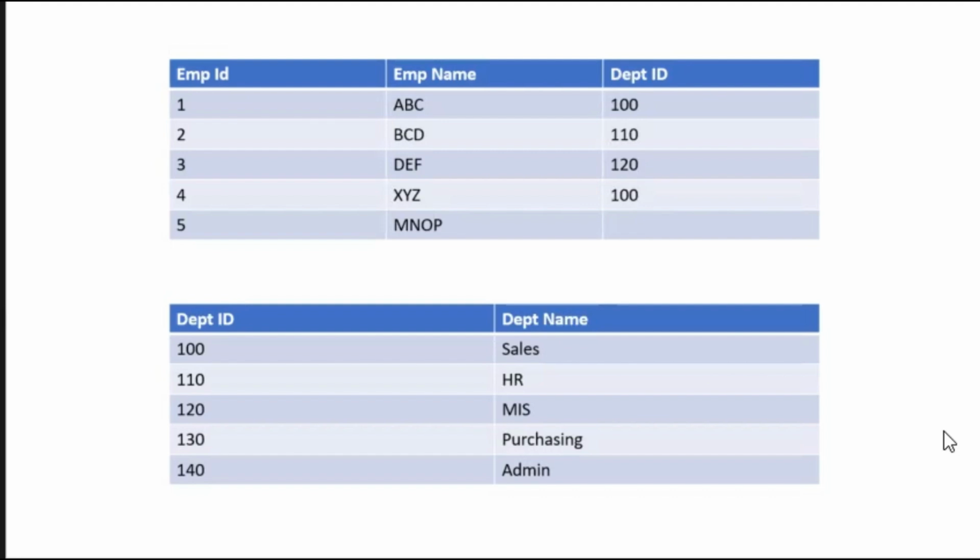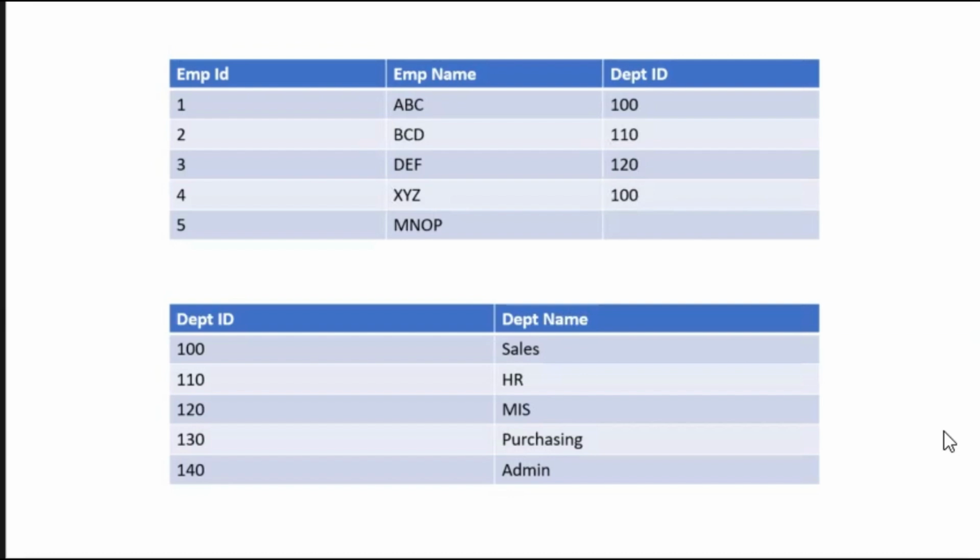So the advantage of this type of data storage is, if there is a change in the department name, you don't have to change the employee table. You just go and change sales to sales and marketing, and the employee table is anyway referring to 100. So it will fetch you sales and marketing. Followed the concept?